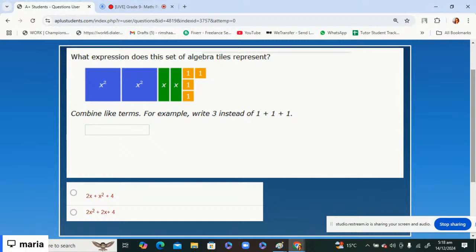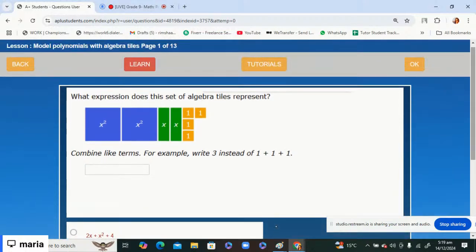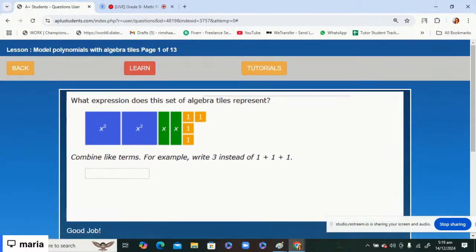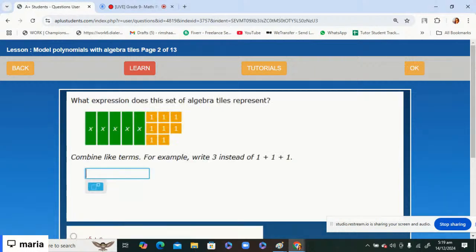Option A or option B? It's 2x square plus 2x plus 4. Okay, that is option B. That is the right answer.